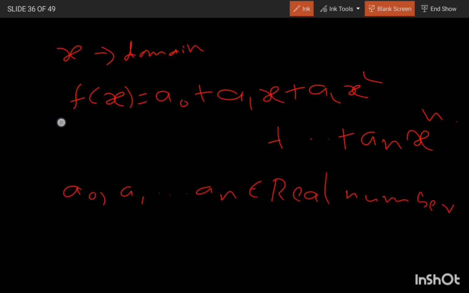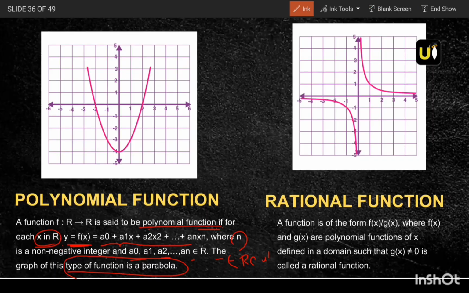So the element in the codomain must be in a polynomial form. Then that is considered as a polynomial function.